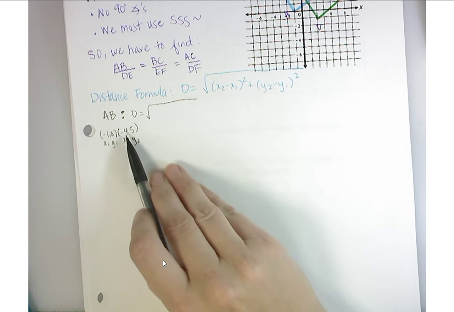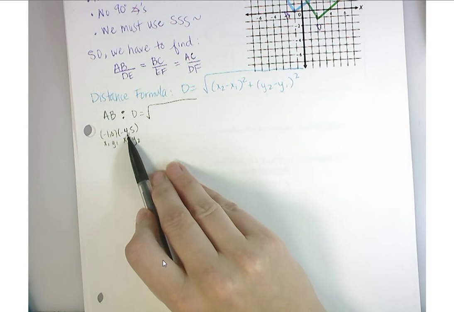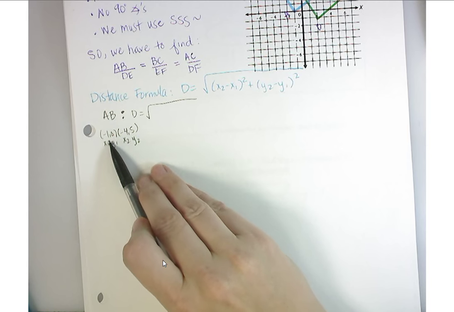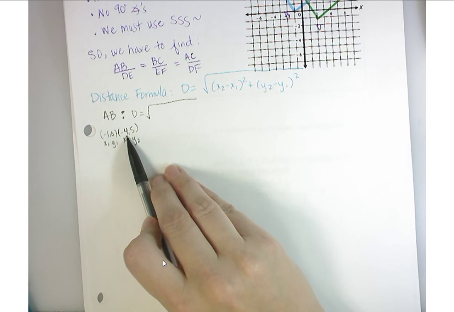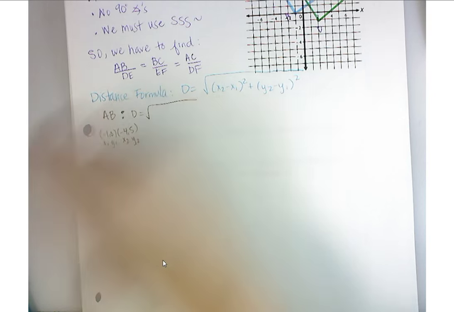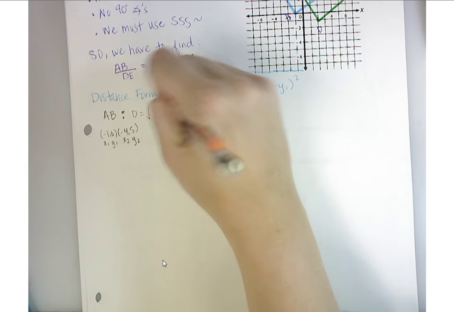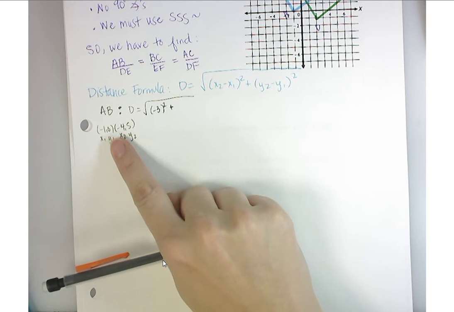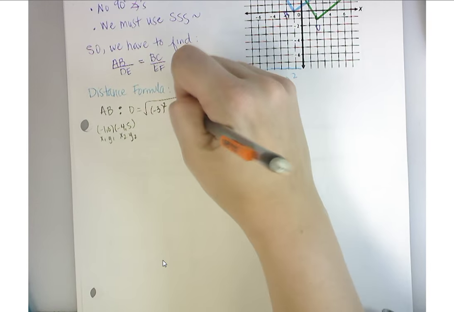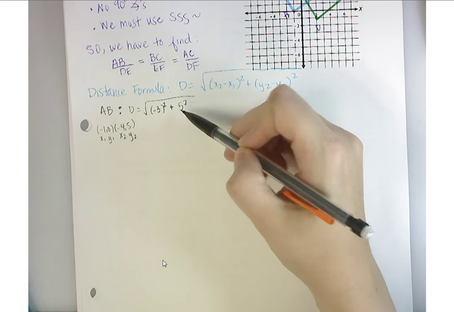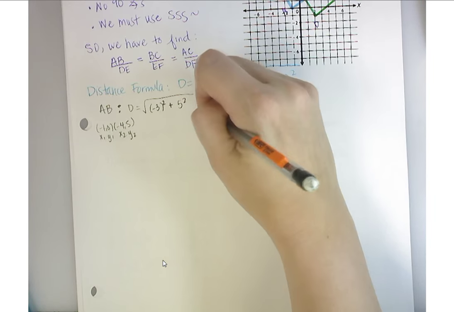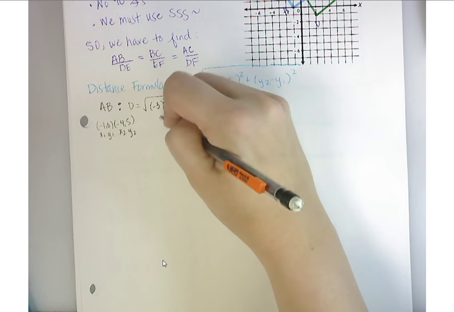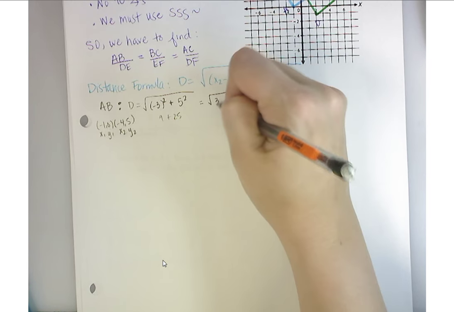Like this is -4 minus -1, which is really what? +1, right? So -4 plus 1 is what? -3, so it's -3 squared. So that's what I mean by doing some of it in your head. And then 5 minus 0 is 5. Okay, so then this would be 9 plus 25, which is, what's 9 plus 25? 34. So then that's the square root of 34.